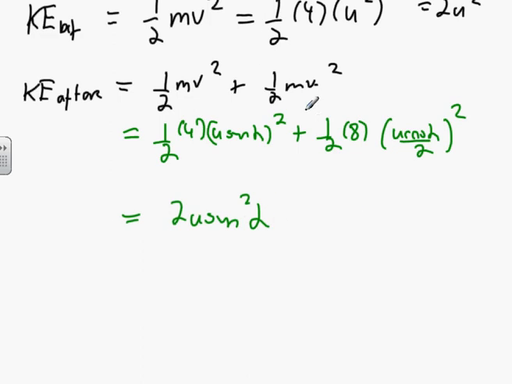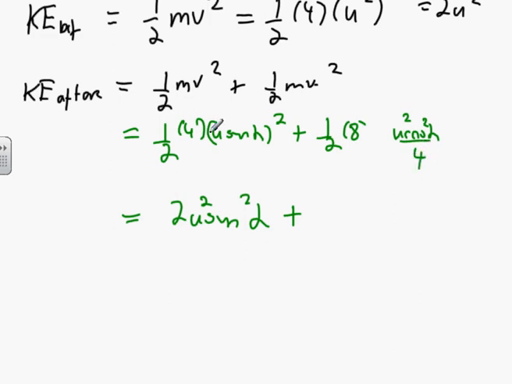And then u cos alpha over 2 squared, when you square that out, you get u squared cos squared alpha all over 4.